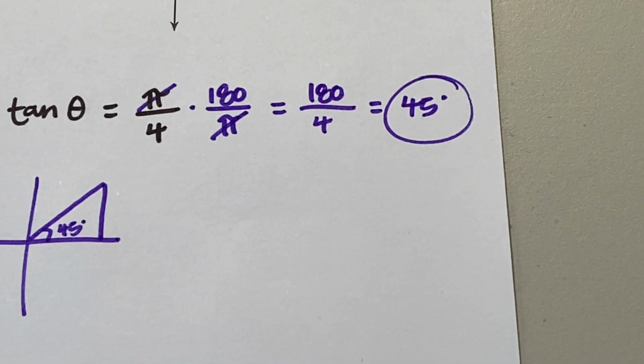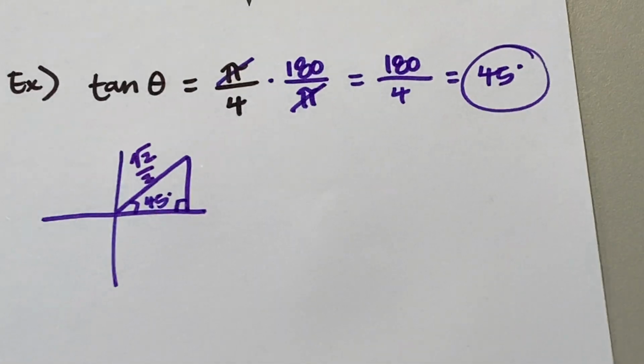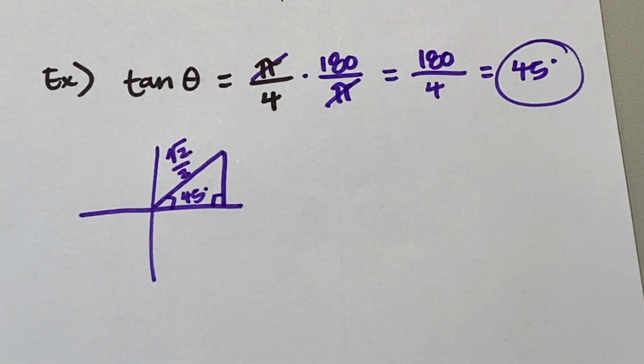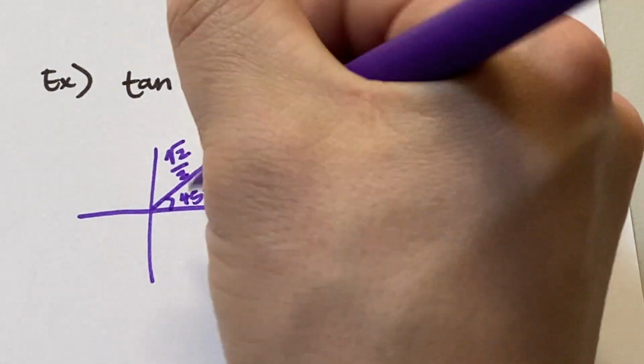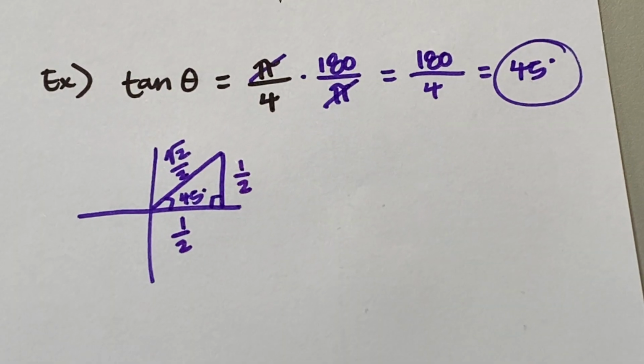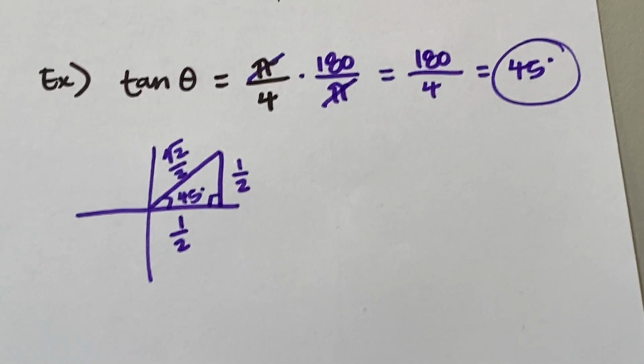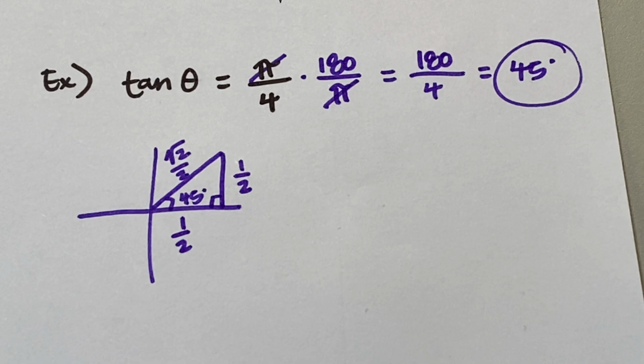So now put them up on your special right triangle. Hypotenuse was root 2 over 2. Yes, that's ugly. Your other sides are 1/2 and 1/2.